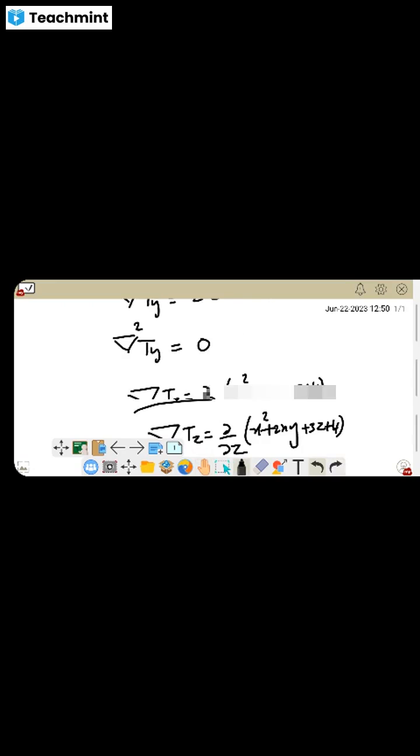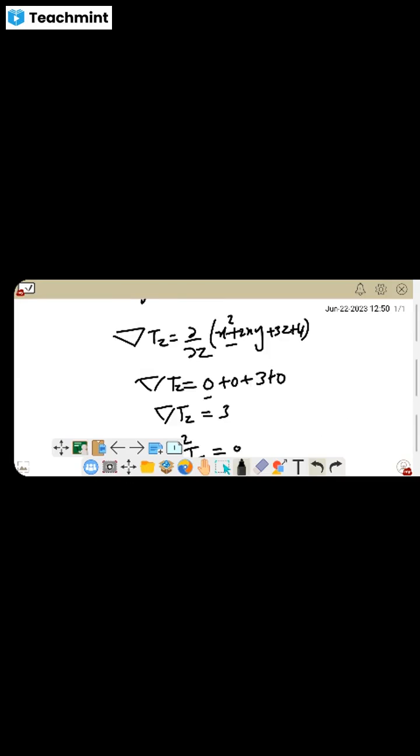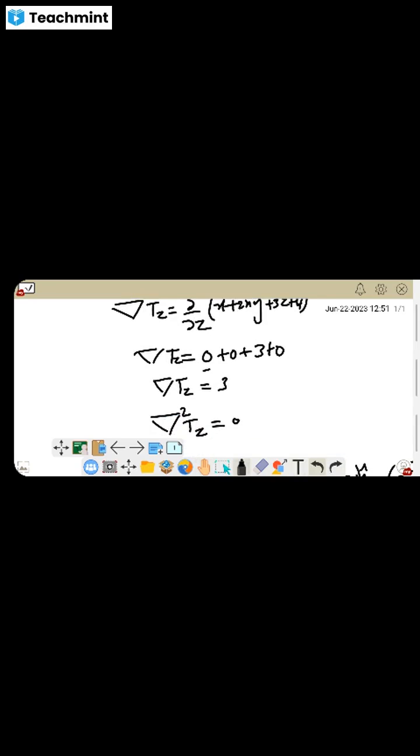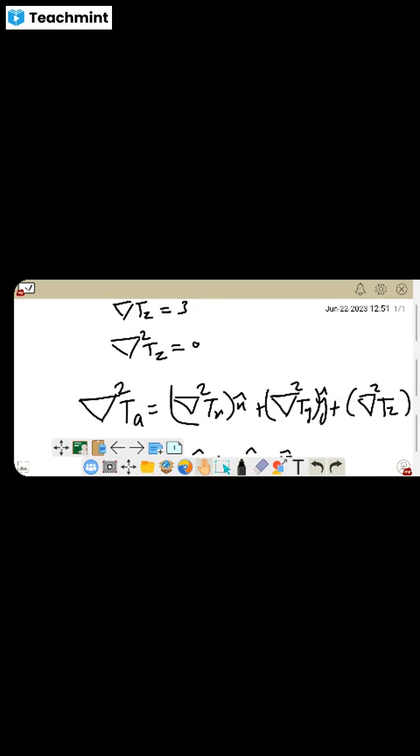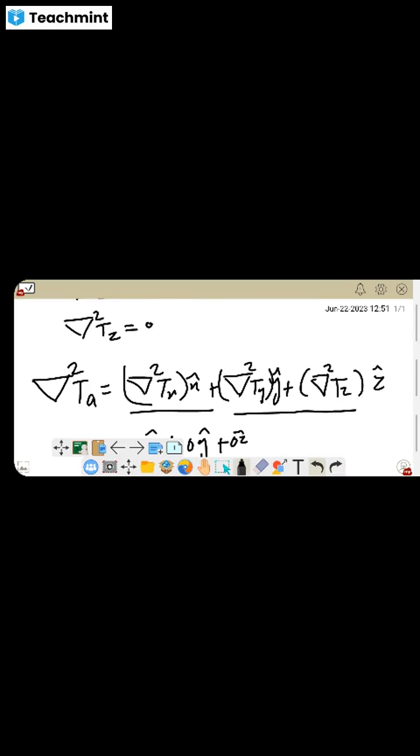Similarly, with respect to z, we got 0 for this term and for this term also, and 3z will become 3, and 4 is 0. So del T by del z is 0 plus 3 plus 0, and we have 3 here, and the second order derivative will become 0. Got it? Yes, ma'am. So now put all the values of these terms here.